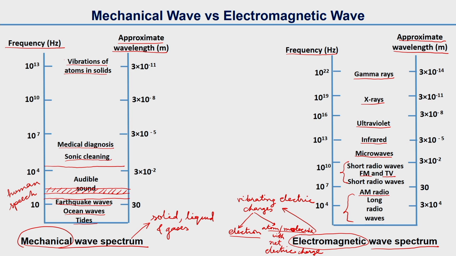One electric charge can affect another electric charge at a distance even when there is no matter in between. That is why electromagnetic waves can travel through vacuum. So, I will write electromagnetic wave, EM. Electromagnetic waves can travel through vacuum.